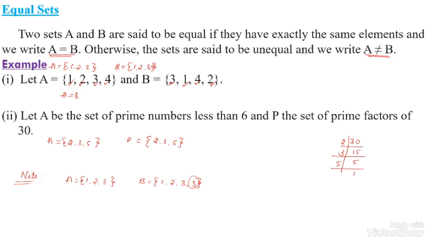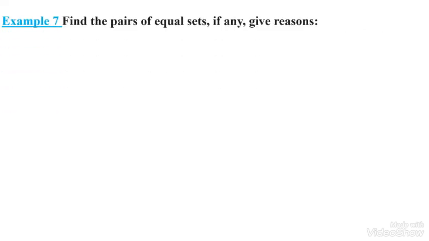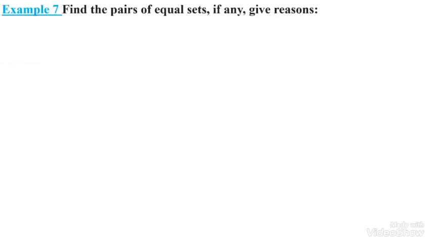Now let us move on to the example. Based on the example, we get to know the concept better. Example number 7: find the pairs of equal sets, if any, and give reasons. Here A is a set containing the element 0.